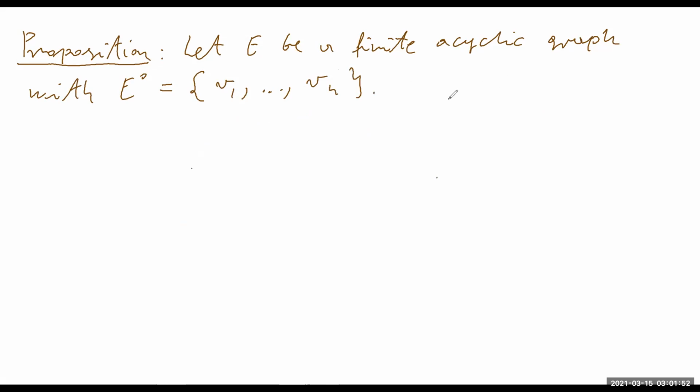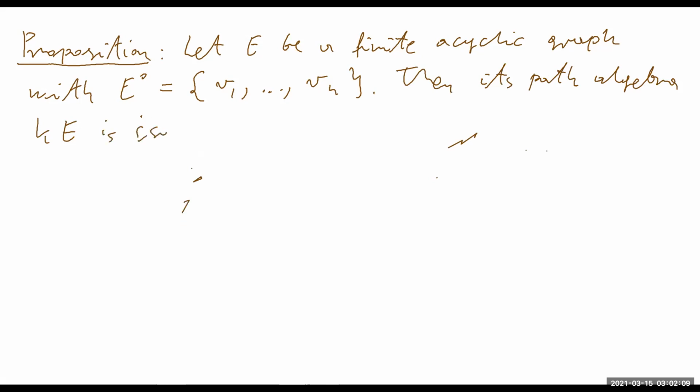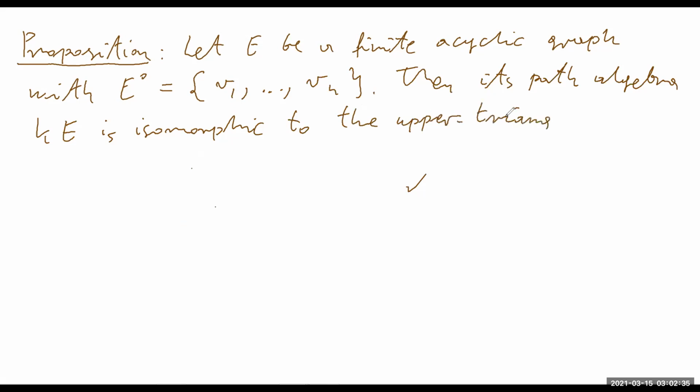Okay, then its path algebra KE is isomorphic to the upper triangular matrix algebra of the special form.